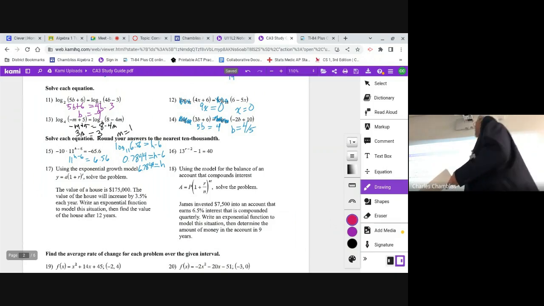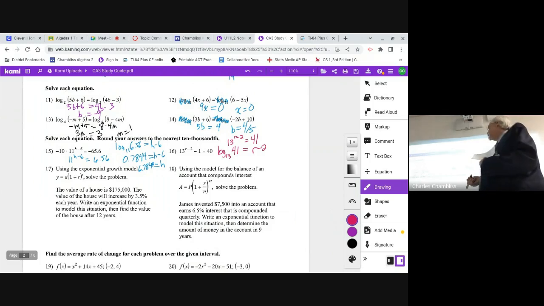Number 16 is going to work similarly. Add 1 first, and I'm going to get 13 to the r minus 2 equals 41. Change it to a logarithm, and I get log base 13 of 41 equals r minus 2. Evaluate the logarithm.